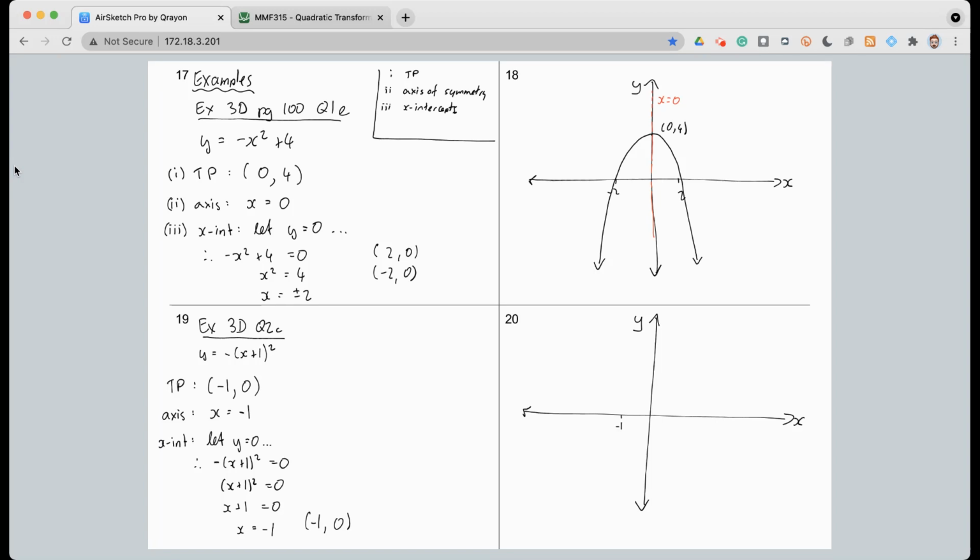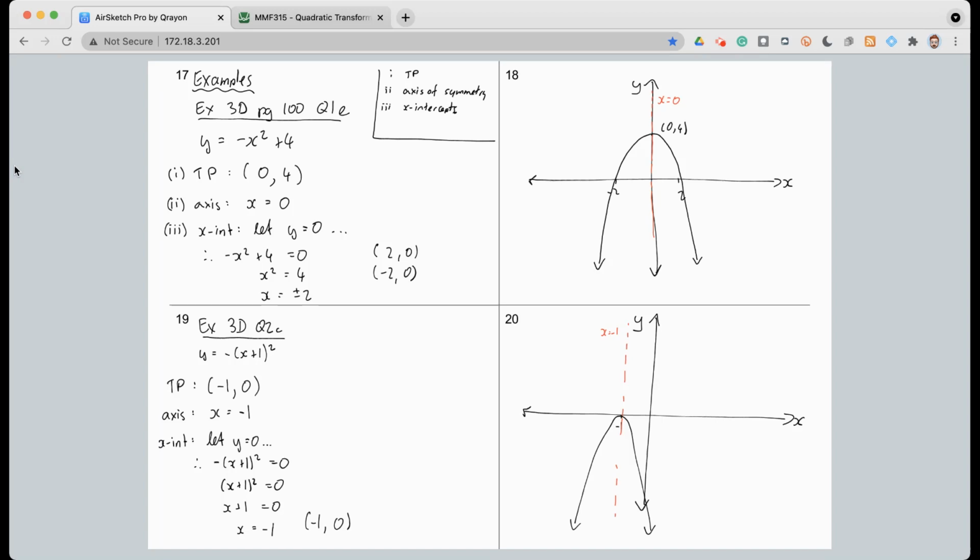And I can now draw that. I've got my axis of symmetry. If you want to, you could draw that in, like so. That's x equals -1. And because the x-intercept is just at -1 as well, it kind of makes sense now. It's going to be symmetrical like that.